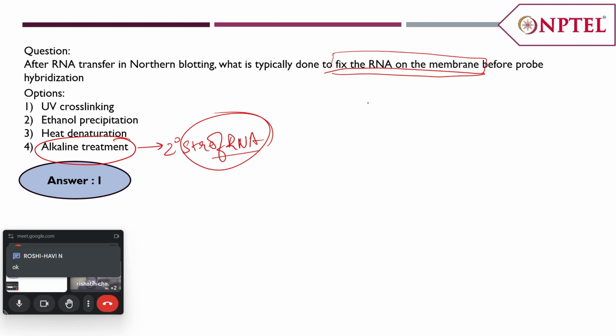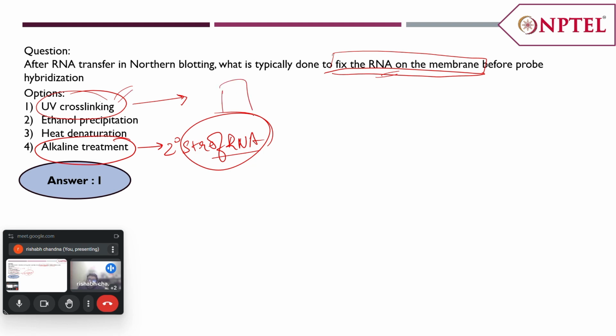But to fix the RNA on the membrane, we use UV cross-linking. As I told you, the pre-wetting step is one of the ways to increase the efficiency of the transfer to the membrane. The second thing is UV cross-linking, to let the RNA stick to the northern blot so that it doesn't wash away. Any doubts?